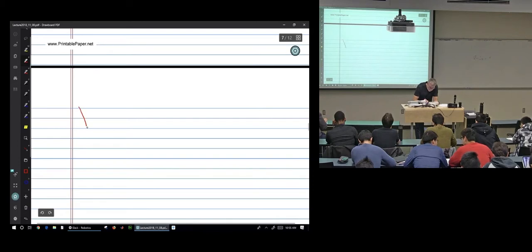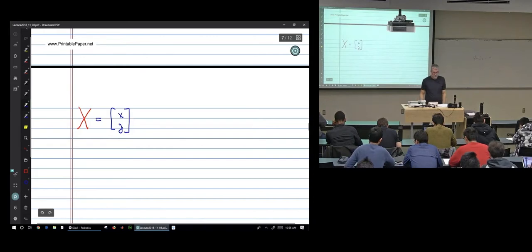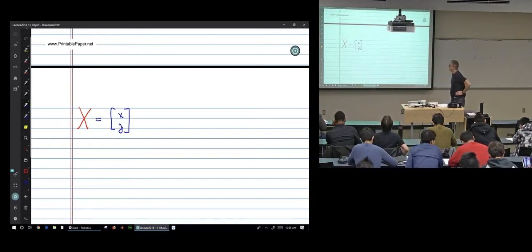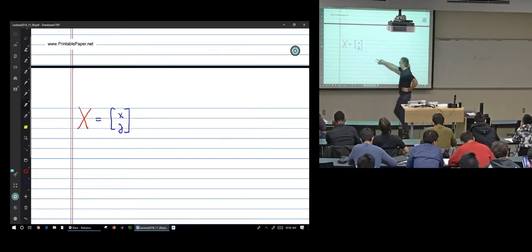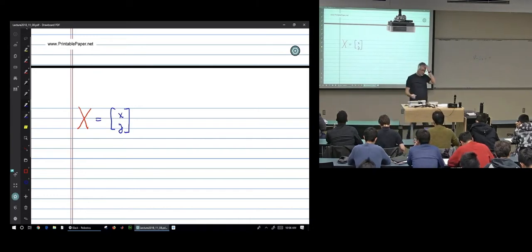Okay, I'm going to define a big vector X, and it's going to have components x and y. So this is our unknown x, and this is the measurement, and we just computed its mean and its covariance, okay?